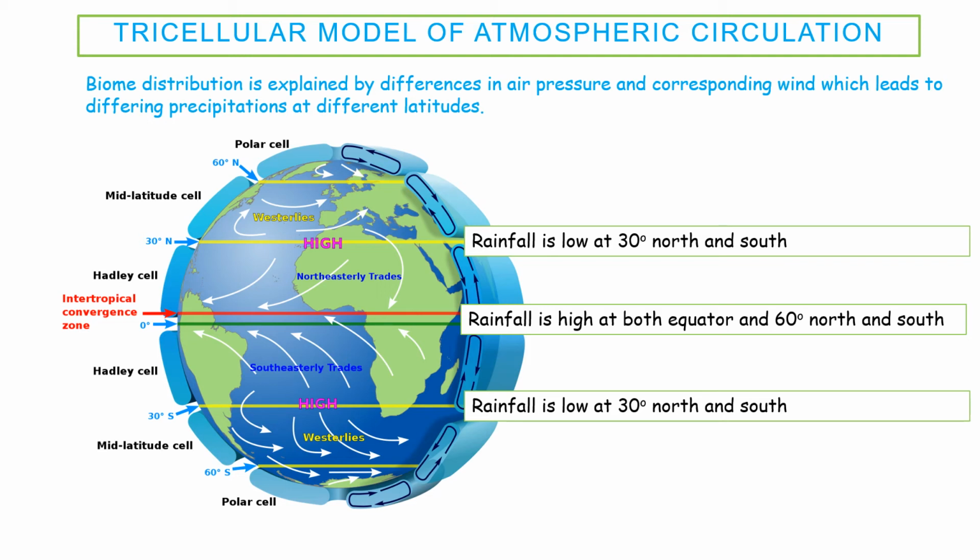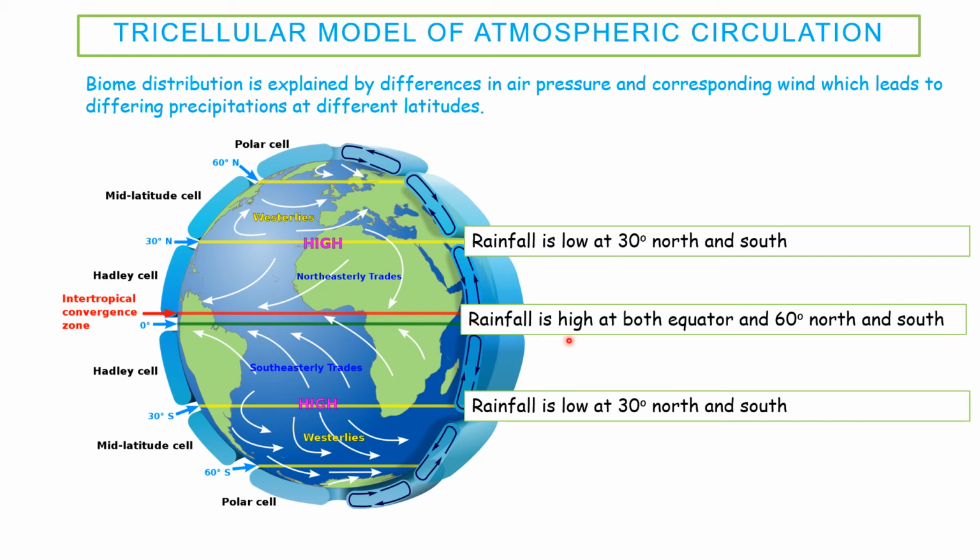Now, one of the things that climate change could affect is the atmospheric circulation, and this is really important because the biome distribution is explained by differences between air pressure and wind speed, which leads to different precipitation. So if you look at the equator, rainfall at both the equator and up to 60 degrees north and south is high because the temperature causes more and more evaporation.